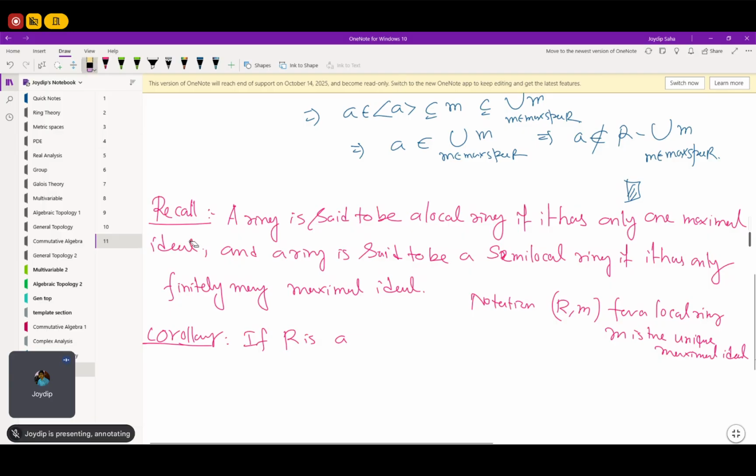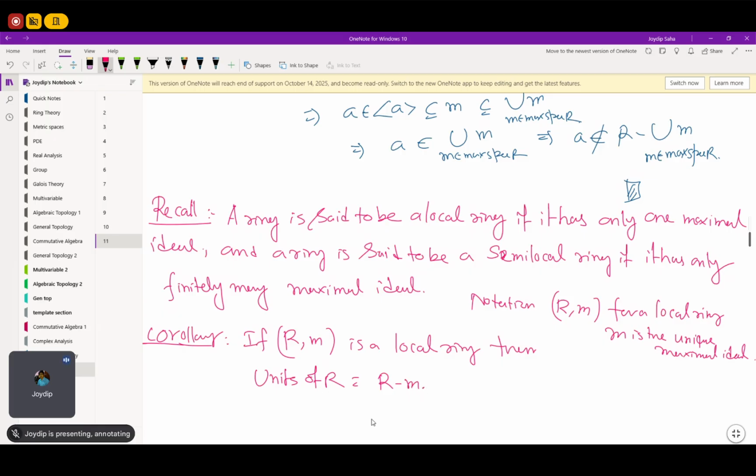Okay, so if R_M is a local ring, that means M is the maximal ideal. So for a local ring, the units of R equals R minus M.